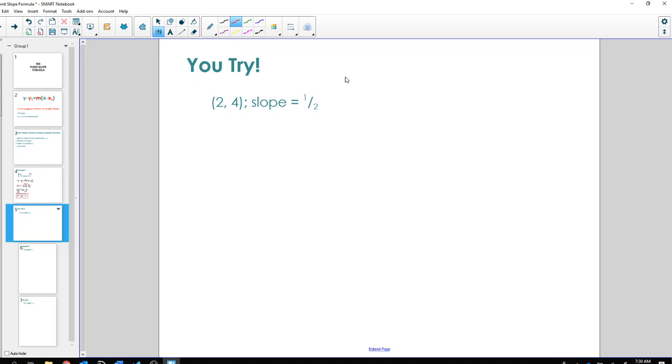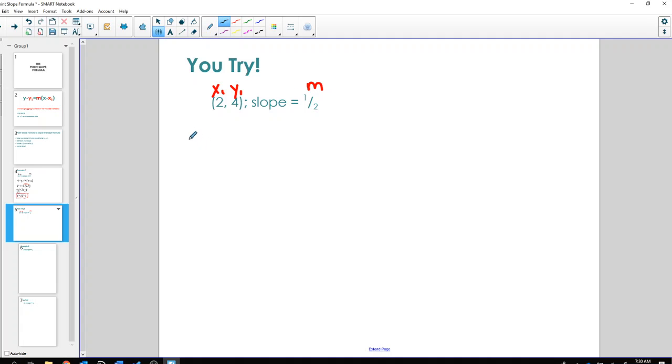Next one here, you can go ahead and pause the video right here and try this one for yourself. You have coordinates (2, 4), and then you have a slope of 1/2. All right, so what we should have done here is label 2 as x1, 4 as y1, and then we have our slope here.